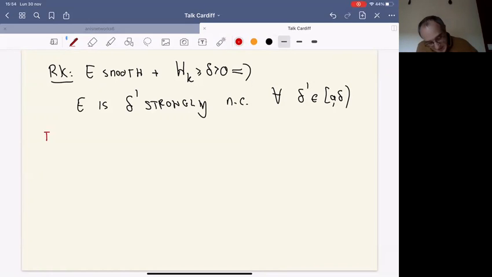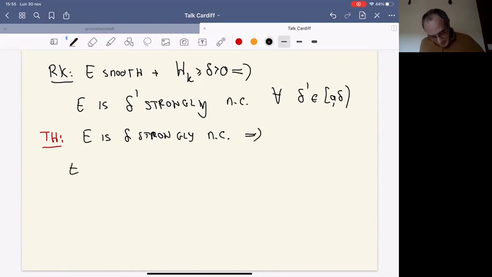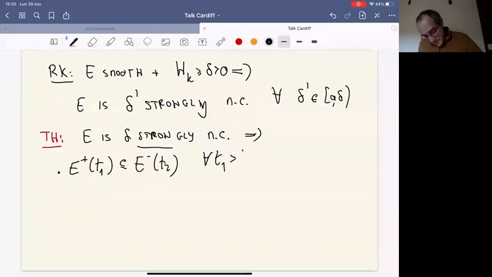And so the theorem is that a similar thing is true: if E is delta strongly mean convex, then E plus of t1 is contained in E minus of t2 for all t1 greater than t2.